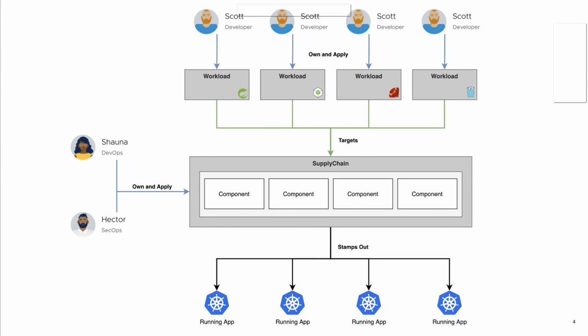And essentially what they get out of it is what we believe to be the right level of abstraction for workloads running on Kubernetes. So the developers create their workloads, the stakeholders, the DevOps, the SecOps define and identify all of the things that need to go into a supply chain. And what you get out of that are running Kubernetes applications.